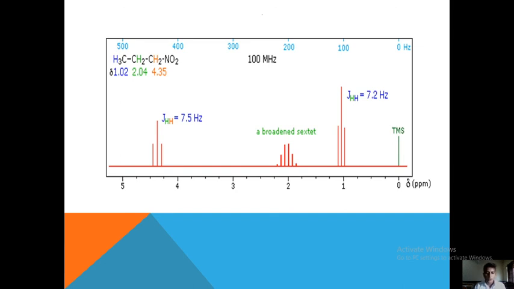In this example, we clearly see that the nuclei being decoupled and the nuclei being observed by the spectrometer are of the same kind, both protons. We call this phenomenon homonuclear decoupling, and it is also possible to decouple different kinds of nuclei.